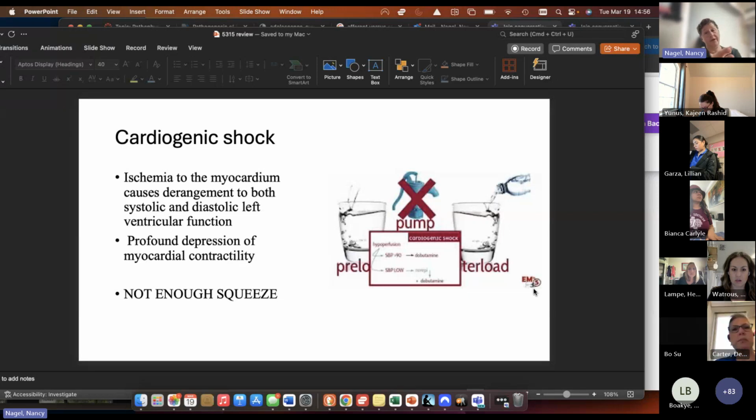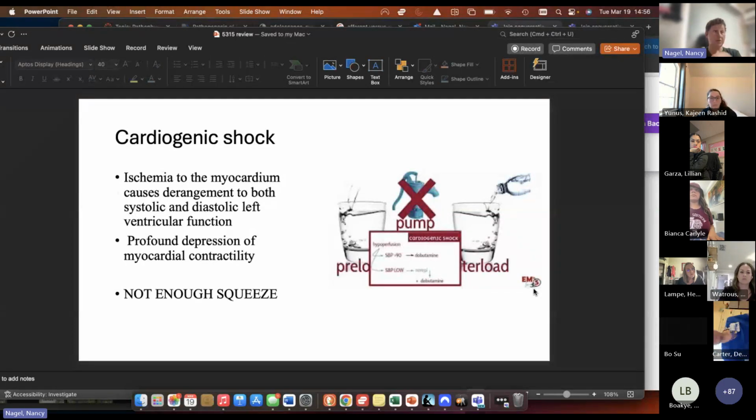The other thing that we want to consider is what's the afterload, and so what pressure is the heart having to push against. So if you have this weak heart that's not getting a lot of squeeze, and you have a robust blood pressure, it may not be able to overcome the blood pressure to push the blood out of the heart.